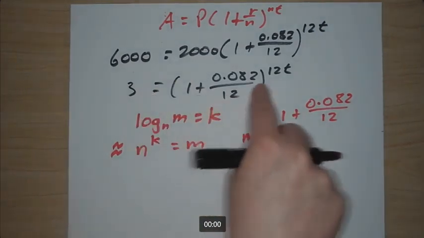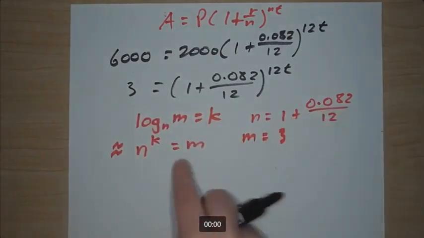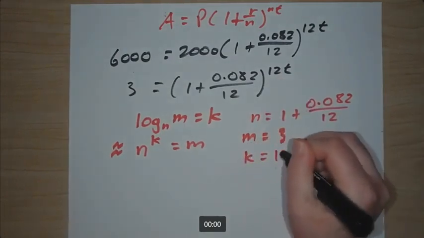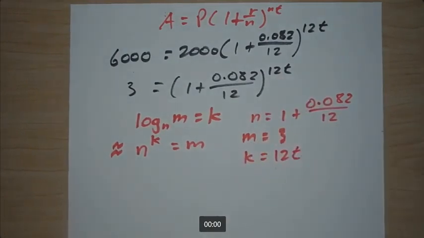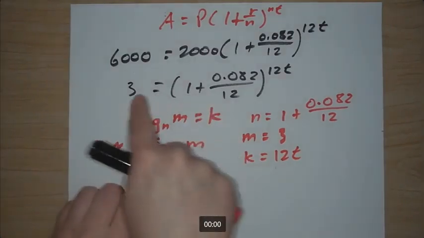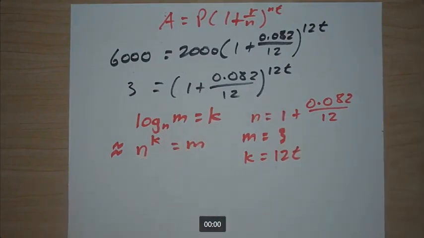So in this format, we have this exponent is equal to 3, so it's going to be 3. And our k is the exponent, 12t. So we're going to rewrite what's currently in this format up here into this format right here.